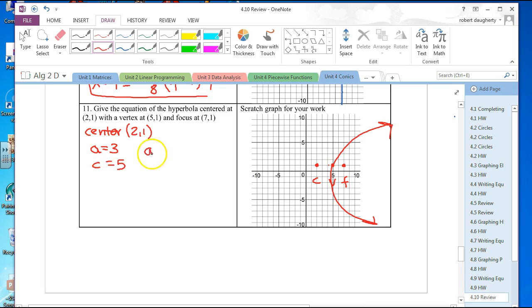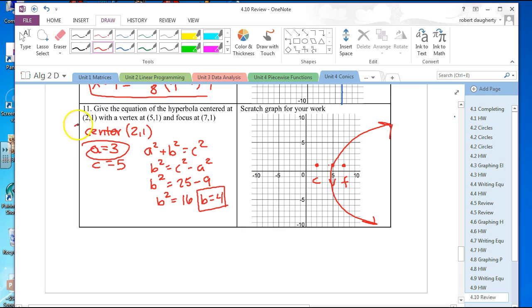So that means that A squared plus B squared equals C squared. So B squared is going to be C squared minus A squared. So B squared is going to be 25 minus 9. B squared equals 16. B is equal to 4.